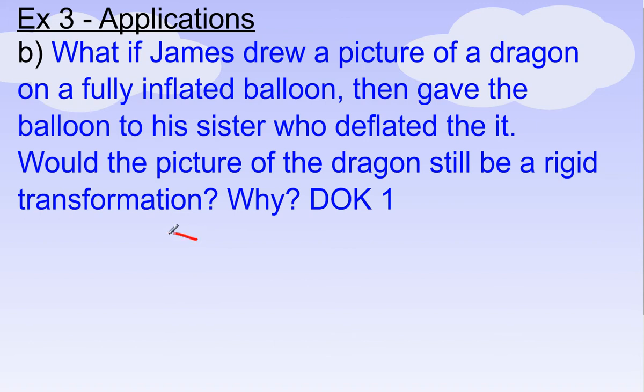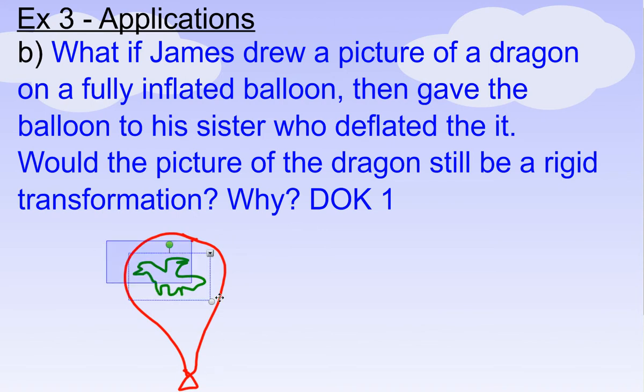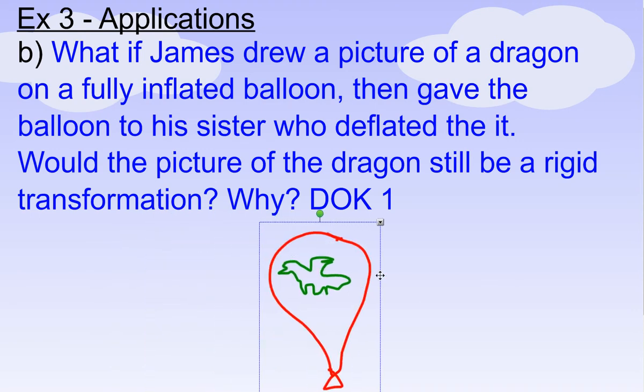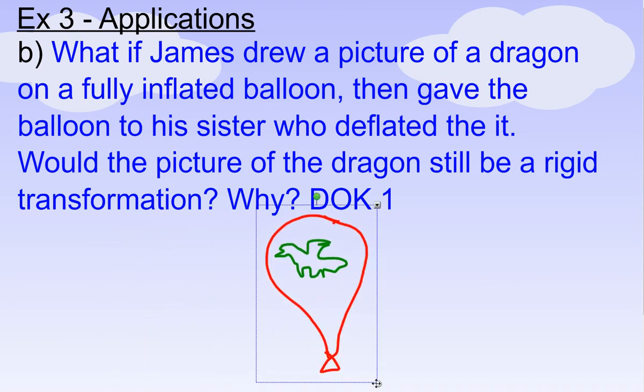Alright, so if I have a big old balloon here, and there's a picture of a dragon on it, a beautiful dragon. Alright, and I took this whole picture of a dragon and gave it to my sister, and then she deflated it.